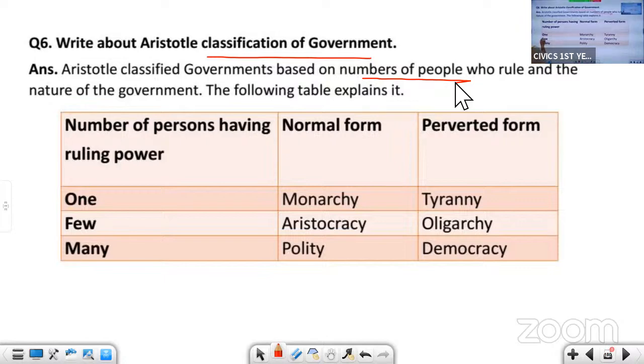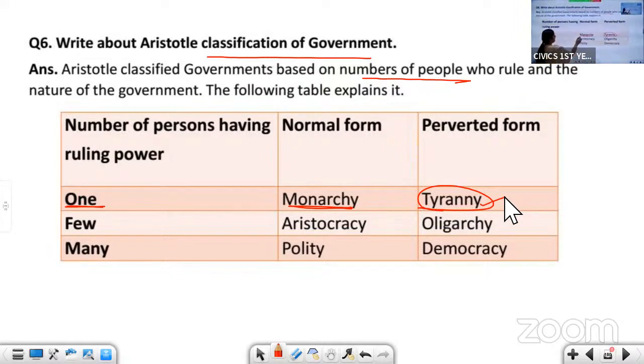Suppose if there is only one ruler, he is called as monarch. If he is working for the welfare of his people, then that is monarchy. And the perverted form, that is, if that one ruler is not bothered about the people, then that form of government is called as tyranny.